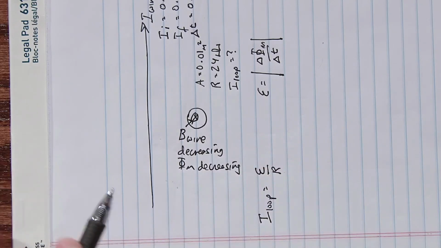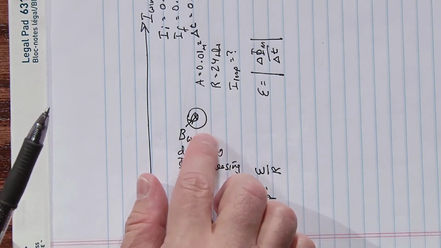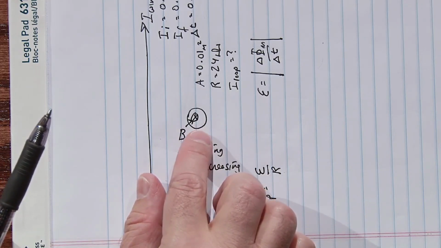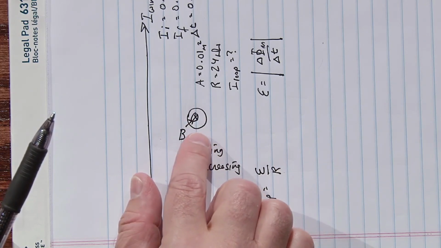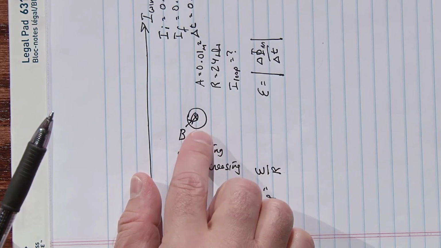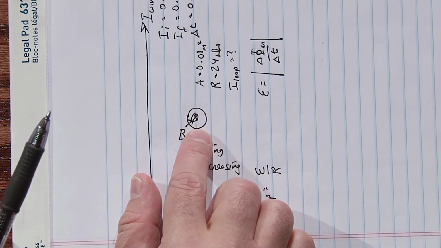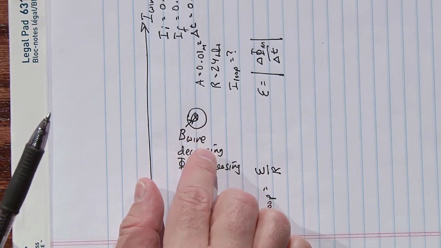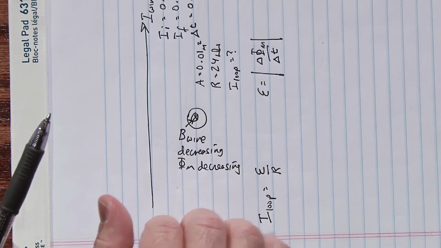So that means that we're going to have a current induced in this wire that supports B wire. The magnetic field from the current in the loop is going to be in the direction of B wire. Because B wire is decreasing, the induced current will support it.